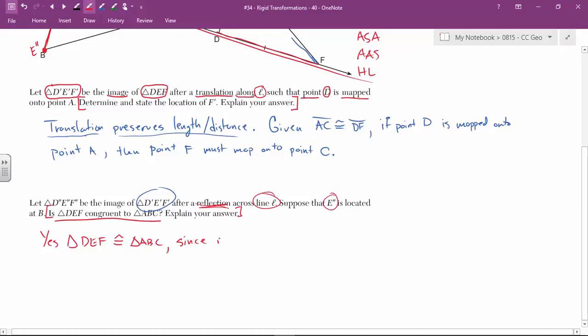Since reflections preserve length, or size and shape, triangle DEF is congruent to triangle ABC because of side angle side.